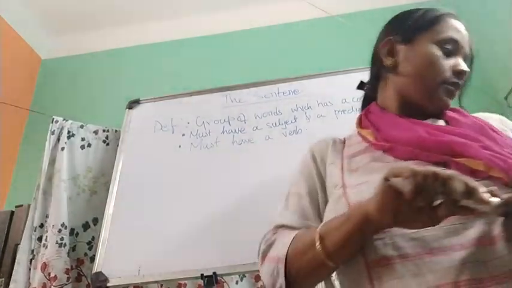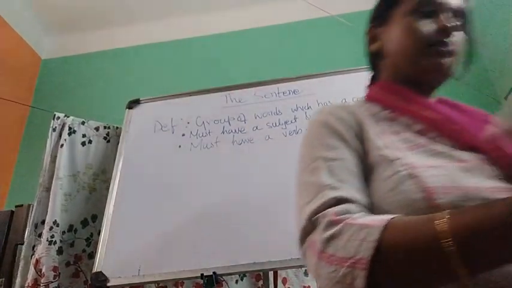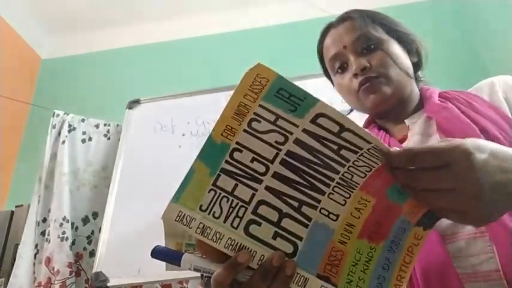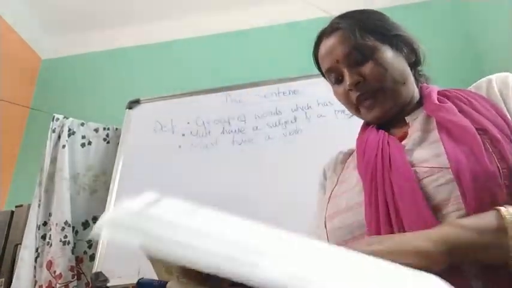Now, if you check your book, this is your book. If you turn over to page number 11, you will see the chapter, the sentence. Okay? Saw it? Part 1, sentences.